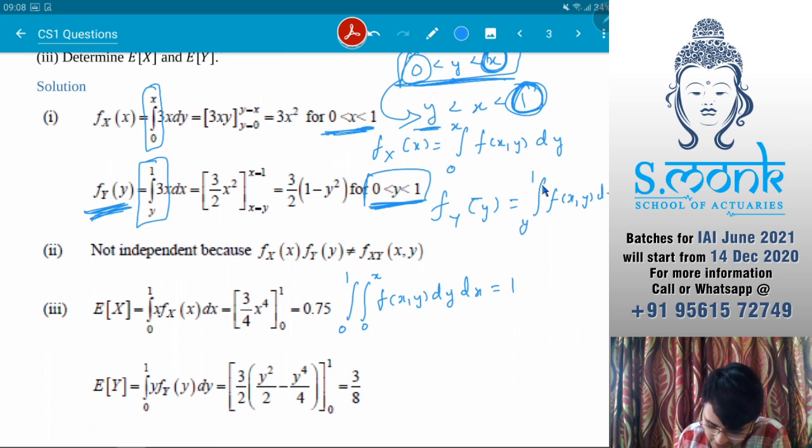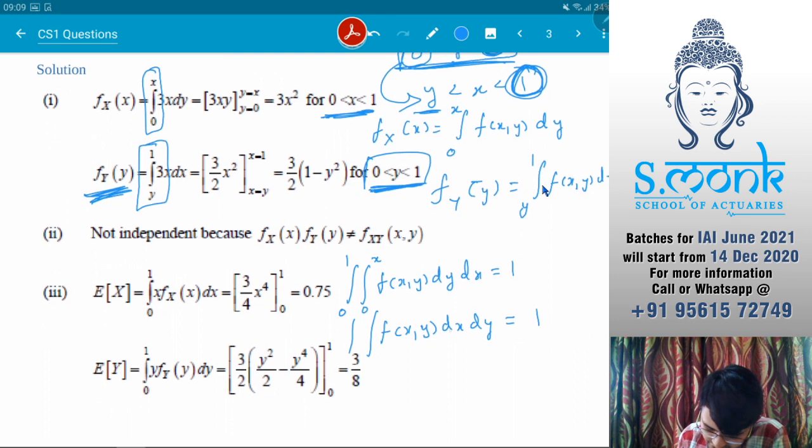Same way, if I write it in a different form where I am integrating x first, dx dy, then my integration will first take values of x, going from y to 1.